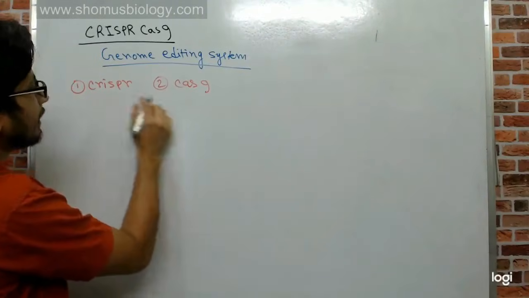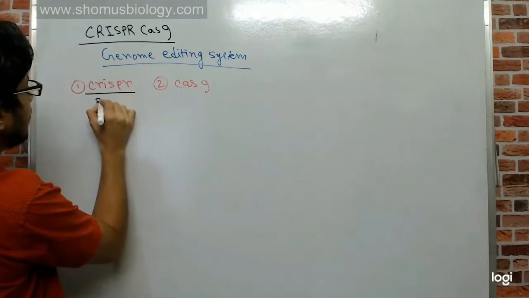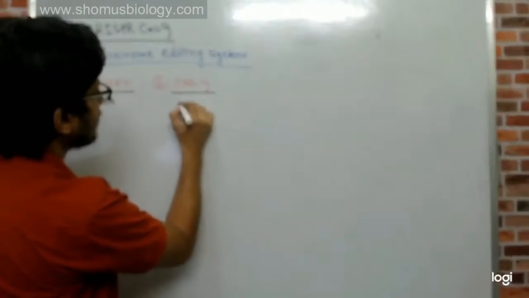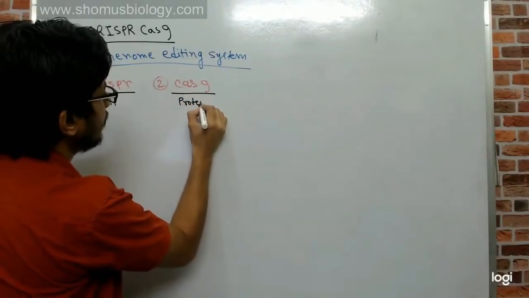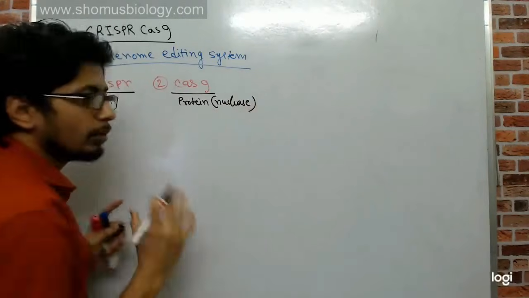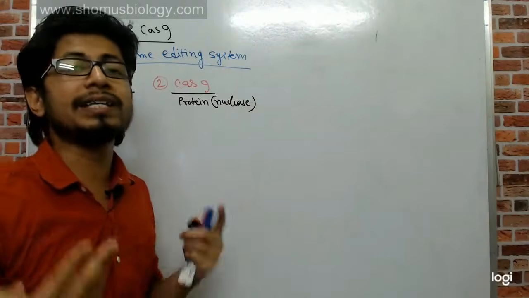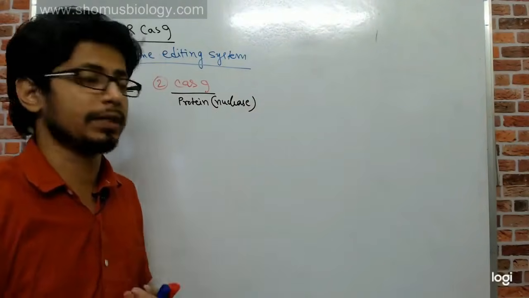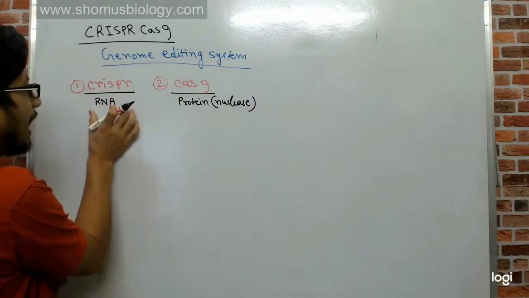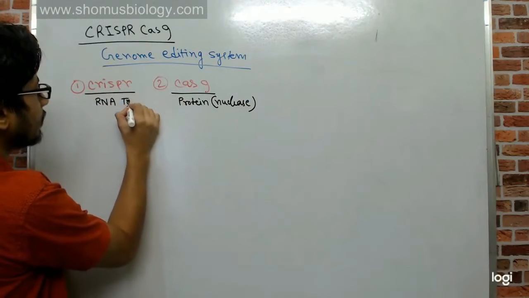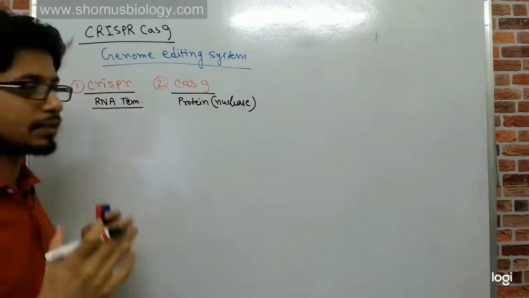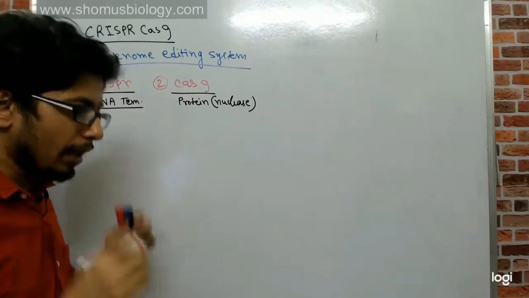CRISPR is basically an RNA structure, a small segment of RNA, whereas Cas9 is a protein. What kind of protein? A nuclease. A nuclease protein can cleave nucleotide sequences. It's a deoxynuclease, so it can cleave the DNA segment or DNA sequence. So it carries an RNA template, and Cas9 contains a protein which is a nuclease.